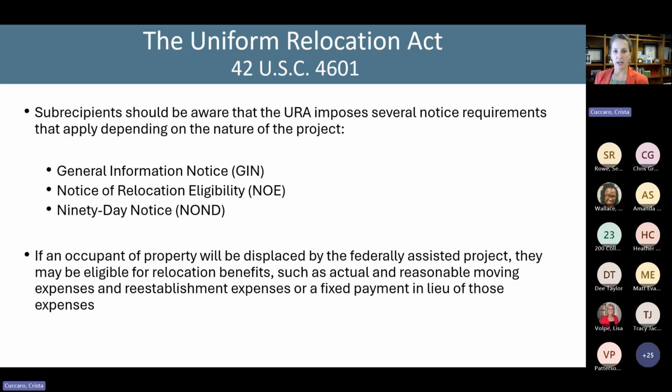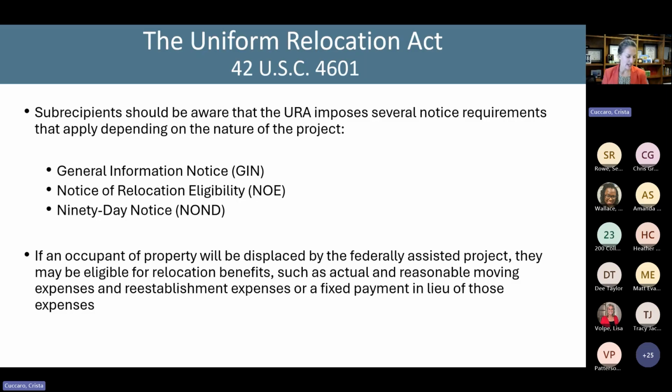The last notice that I have listed here is a 90-day notice. What this in essence says is that when we have someone who's going to be displaced, we have to give them 90 days notice of the date by which they're required to move.